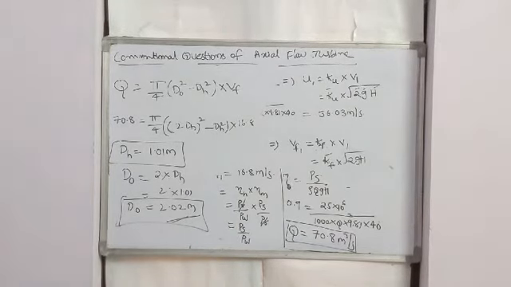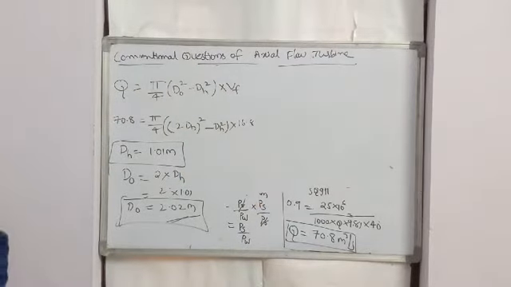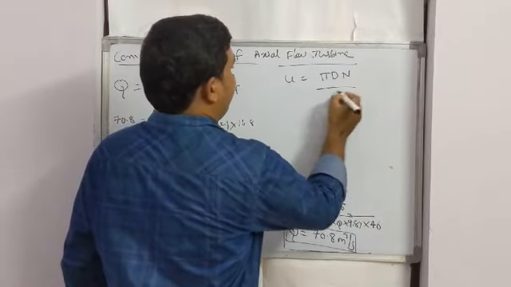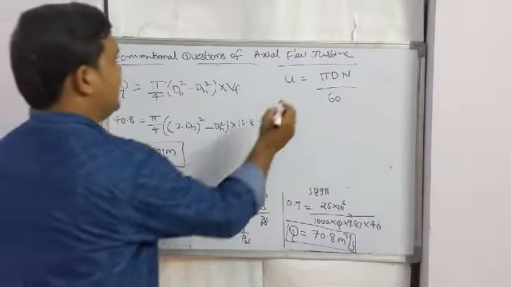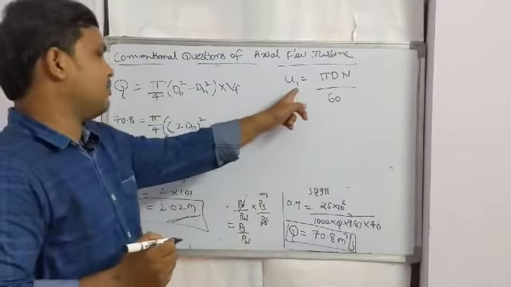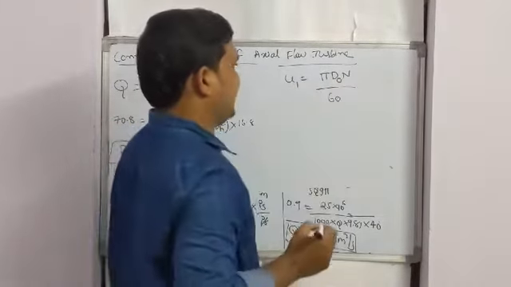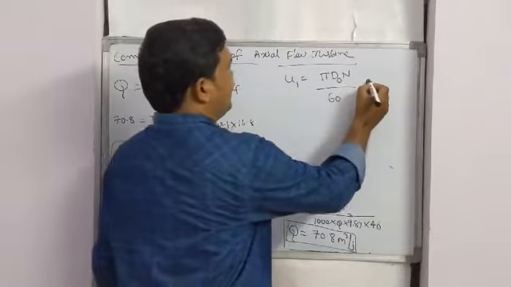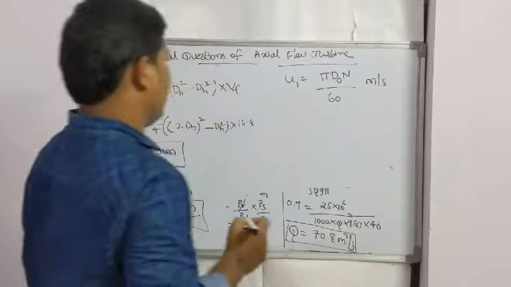And coming to the speed of the turbine. We know that velocity U is equal to pi D N by 60. We can use the inlet blade velocity, so the outer diameter will be taken. Therefore U1 is pi D N by 60 meters per second. We should use the outer diameter of the runner.